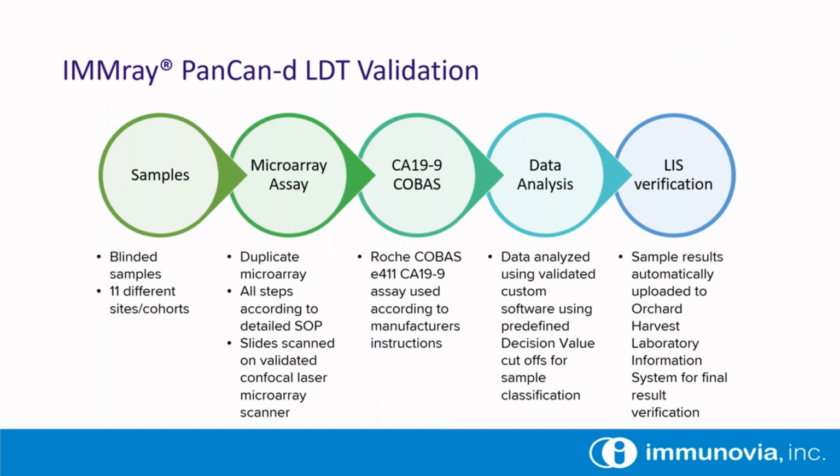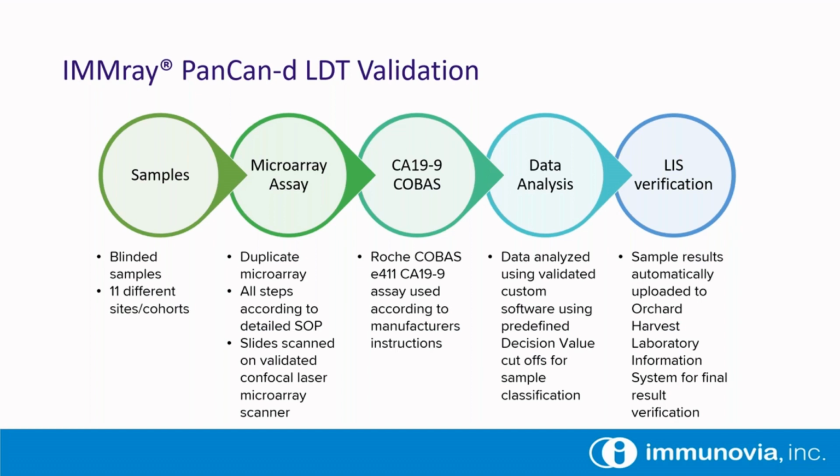This blind validation assay was conducted in our laboratory in Marlborough using fully validated clinical testing, including a Cobas Roche analyzer for the measurement of CA-19-9. All of the microarray assays were performed under detailed standard operating procedures, and all of these procedures were validated.